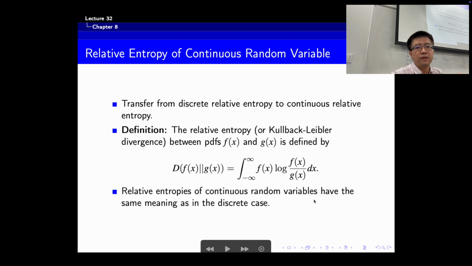When we derive it from the discrete random variable, we do not need to do any approximation. Basically, everything is rigorous. This is the definition of the relative entropy, and it has exactly the same meaning as in the discrete case. So for relative entropy, everything is good, and we don't need to worry too much about it.